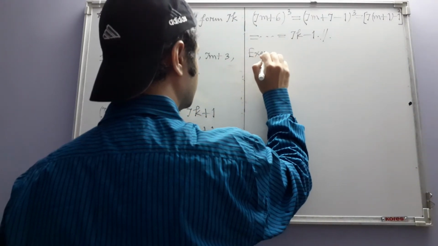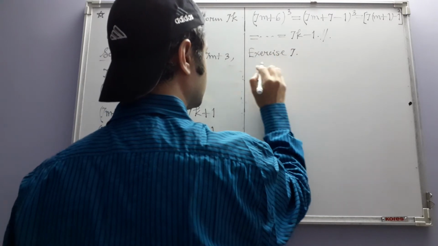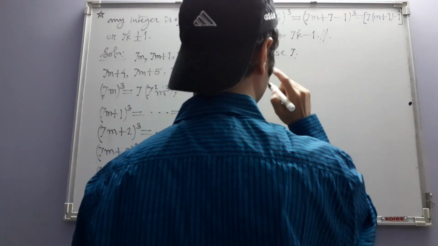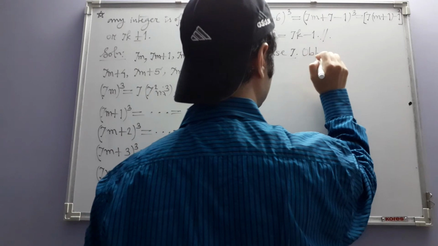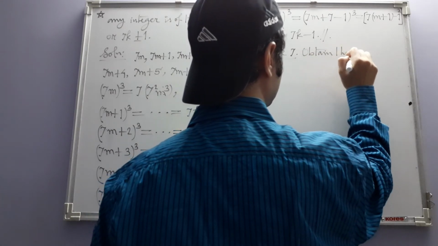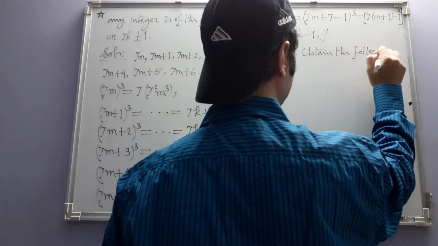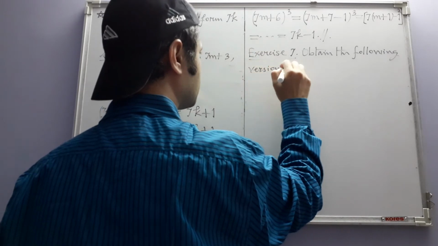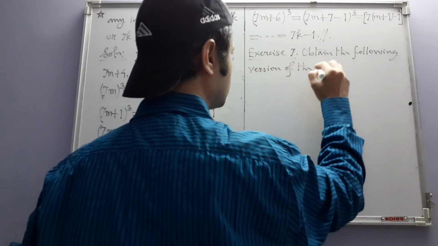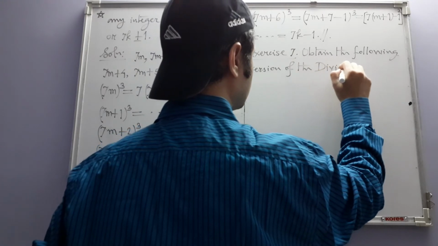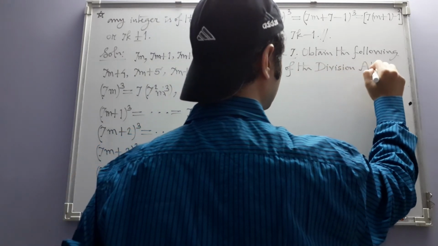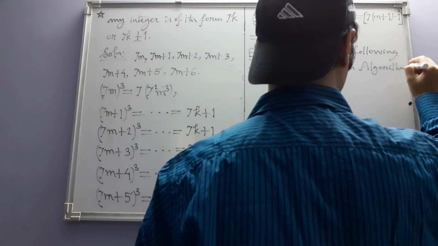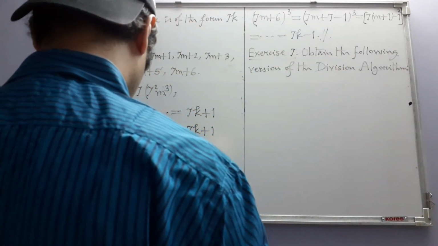Exercise 7. Obtain the following version of the division algorithm. This is like the first exercise. Okay, so what is the version?